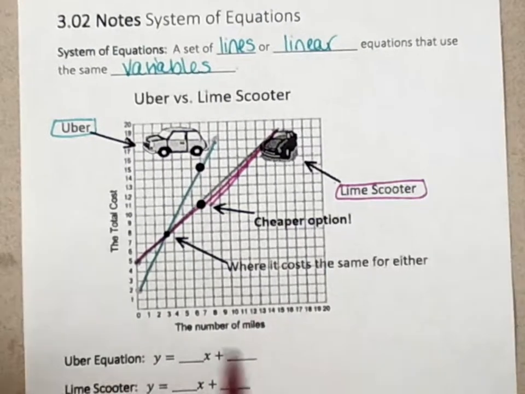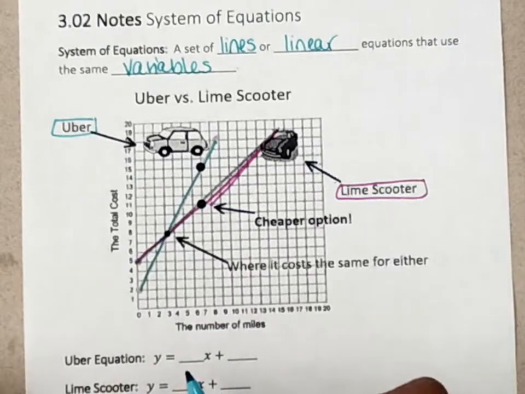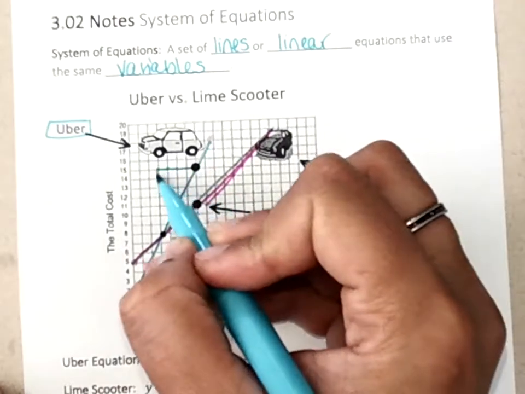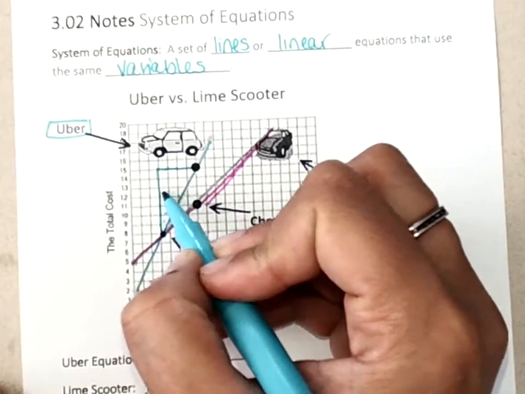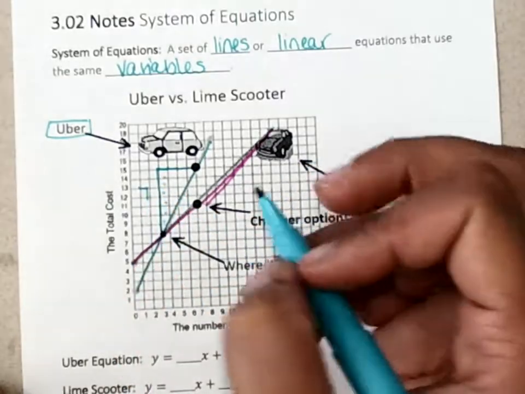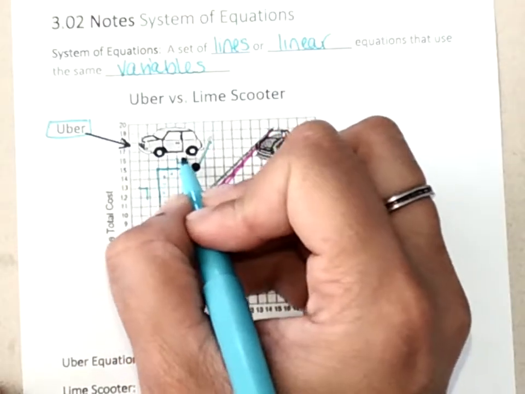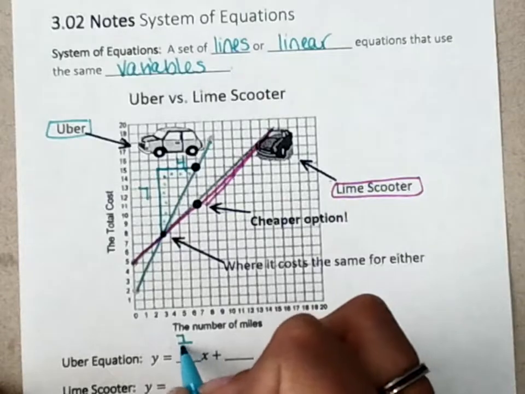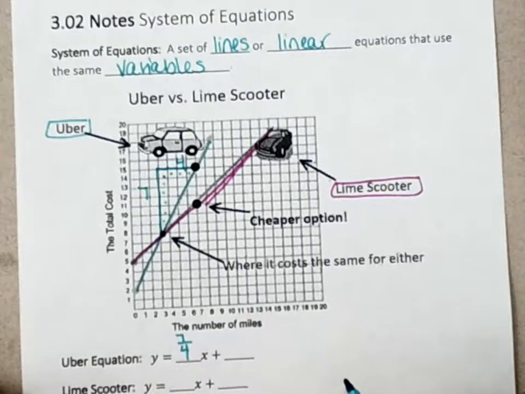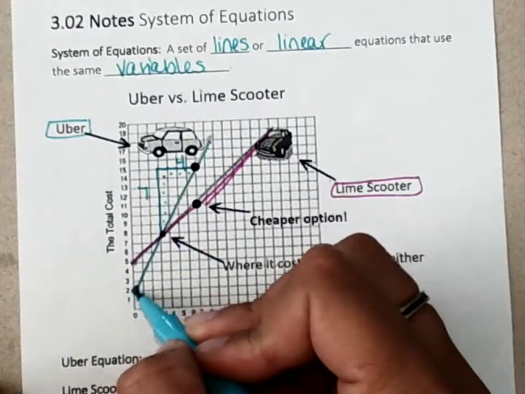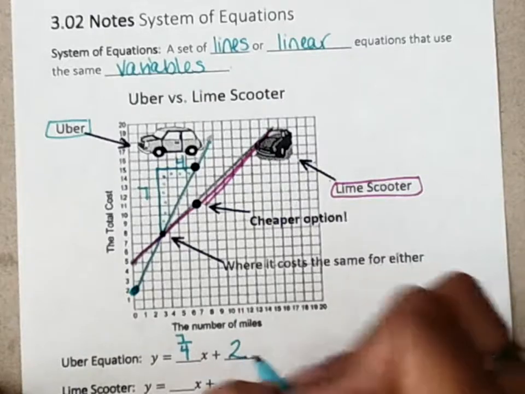I know that the Uber equation has a slope of 7 as a rise and 4 as a run, therefore 7/4 will be my slope, and the point of intersection is at 2.